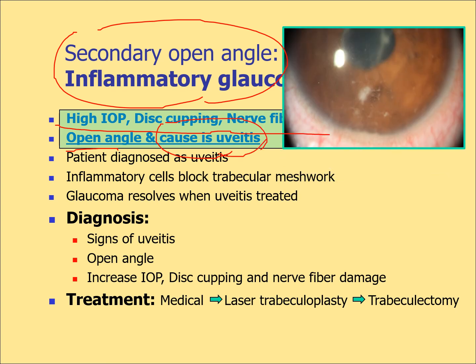The inflammatory exudate that you can see here as a white inflammatory exudate in the anterior chamber blocks the trabecular meshwork, and the glaucoma resolves when the uveitis is treated. Diagnosis is the same: IOP, disc cupping, nerve fiber damage, open angle, plus signs of uveitis in the anterior chamber. Treatment is the same as for other open angle glaucomas: medical, laser and trabeculectomy.